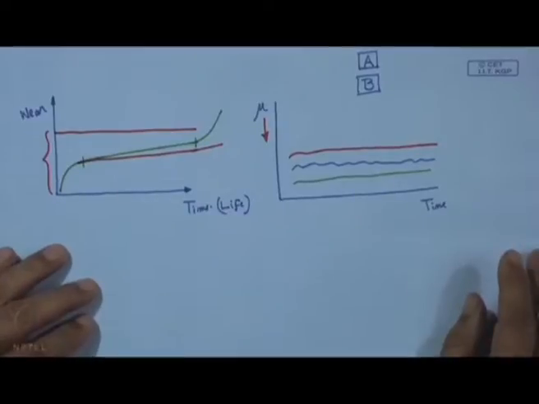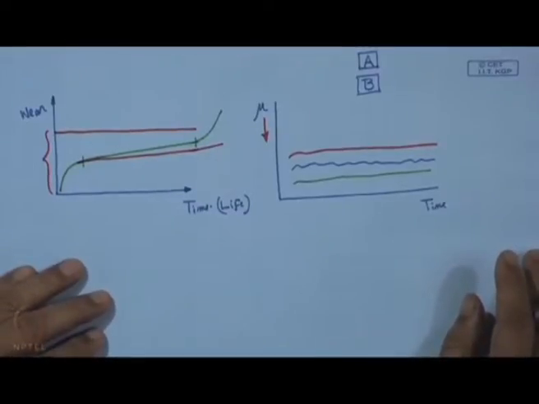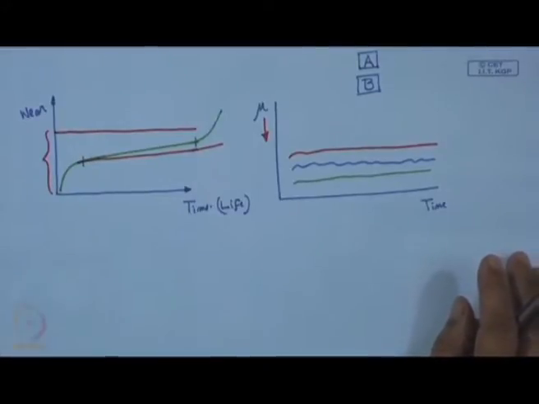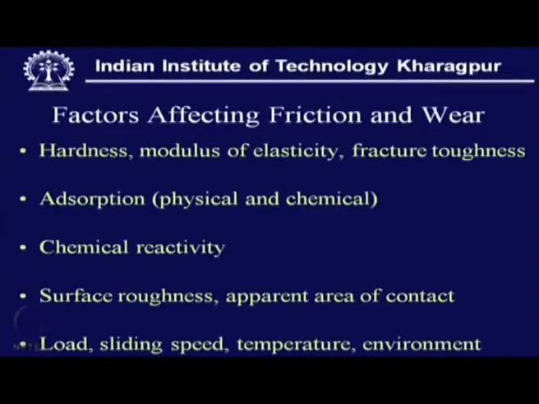Now, here we find a few of those parameters which can affect this, and they can be summarized here. That means, these are the factors which in general affect friction and wear. If we consider only the mechanical characteristics, it is going to be hardness, modulus of elasticity and also fracture toughness.